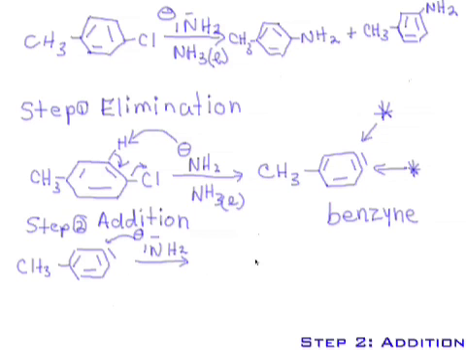When it does, the pi electrons will move out and you'll get a carbanion. So let's take a look at both possibilities. If I add para, then the pi electrons will move over here. I'll get this negative charge.